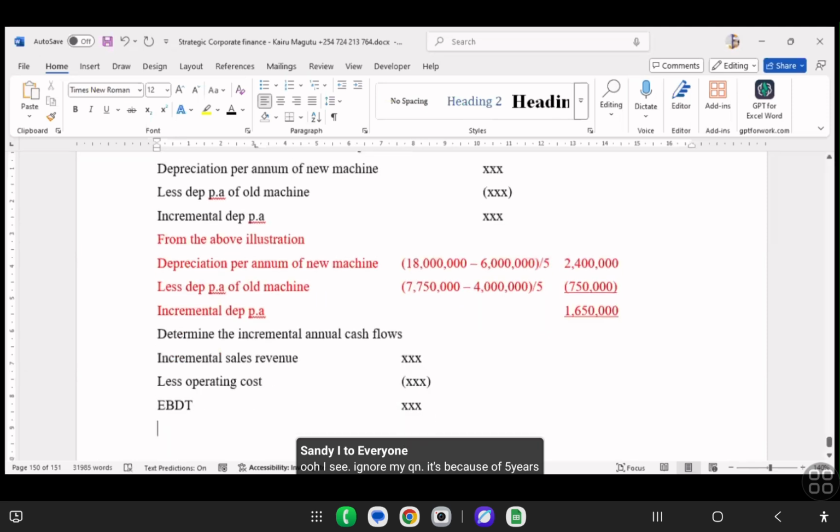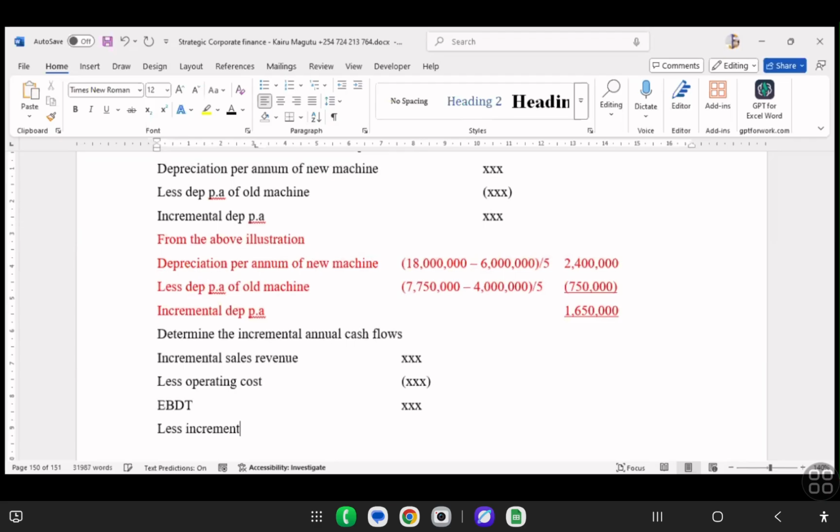Earnings before depreciation and taxes, less incremental depreciation per annum. This will give us earnings before taxation.